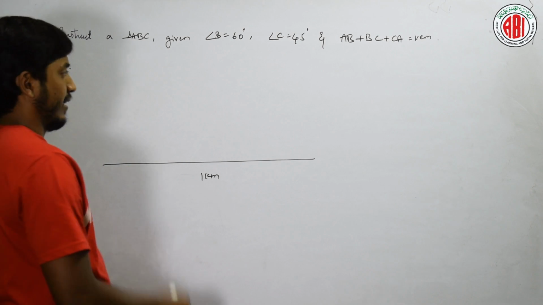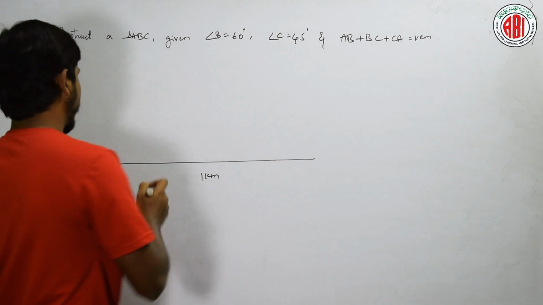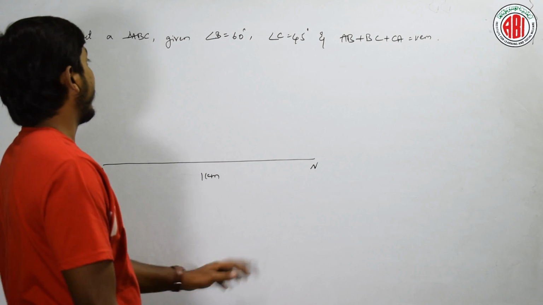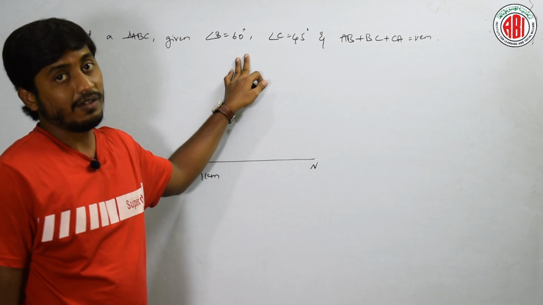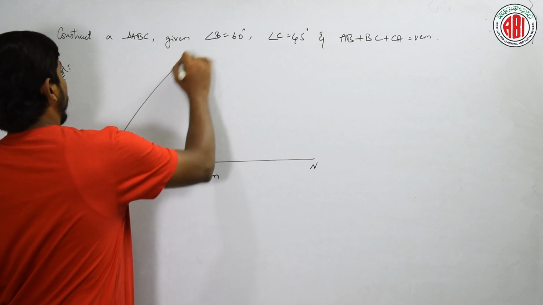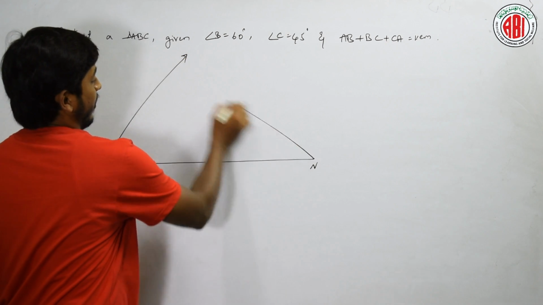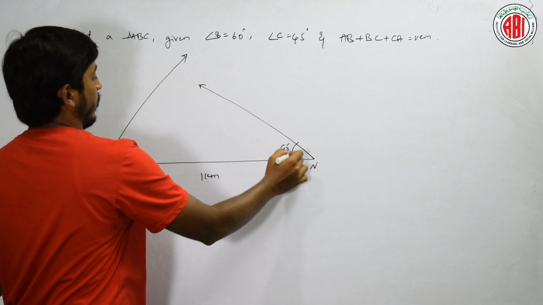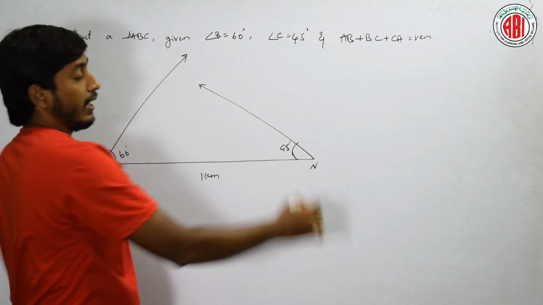Okay. Let it be some number, let us put as MN. Okay. Given angle B is 60. Now, whether you know or not, draw an angle 60 one side and angle 45 one more side. Okay. Here 60, here 45. You know how to draw them. Clear?